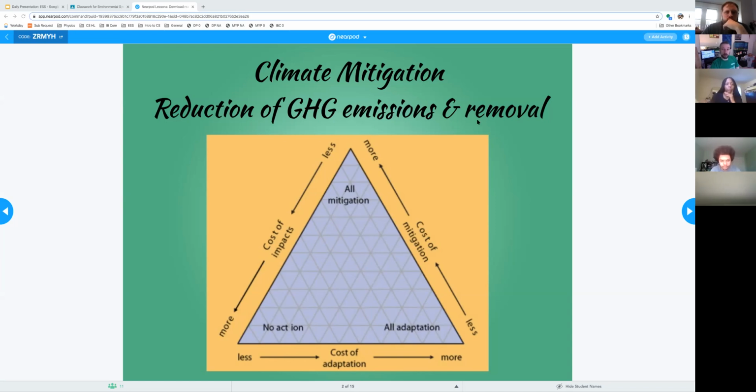It costs a lot to remove carbon dioxide and other greenhouse gases from the atmosphere, all right? The cost of the impacts is much lower. So we spend a lot mitigating, but we end up having to spend less in terms of the impacts of climate change. Now, if we take no action, if we don't mitigate at all, the cost of the impacts is really, really high, and it doesn't cost anything if we take no action as far as adaptations are concerned. But we will talk about adaptations.